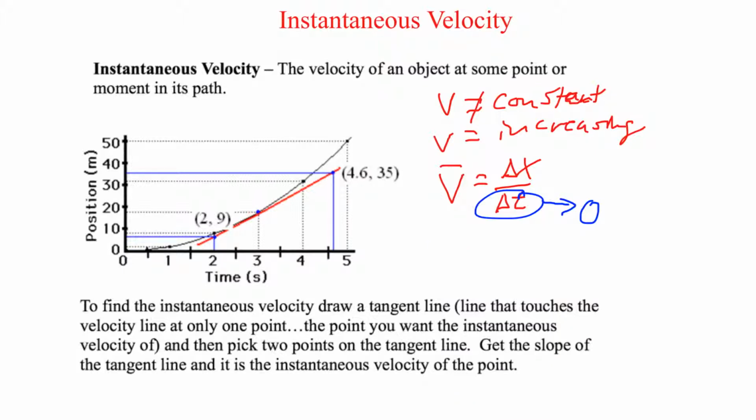If you make the length of time approach 0, if your length of time gets really small and starts getting closer to 0, then the displacement of your object is going to get smaller and smaller also. But the displacement won't be 0.